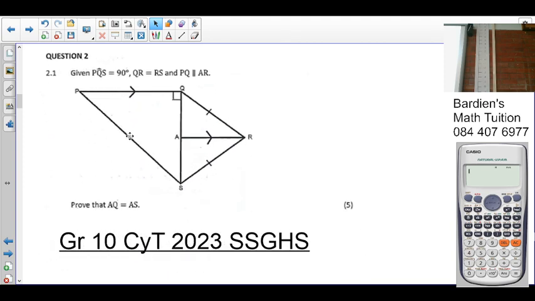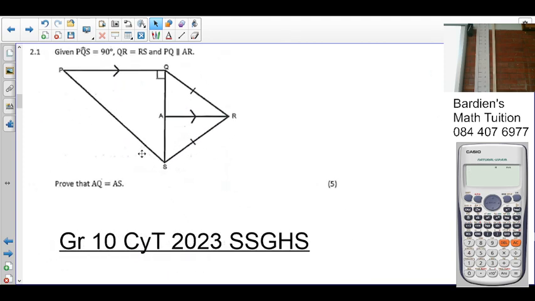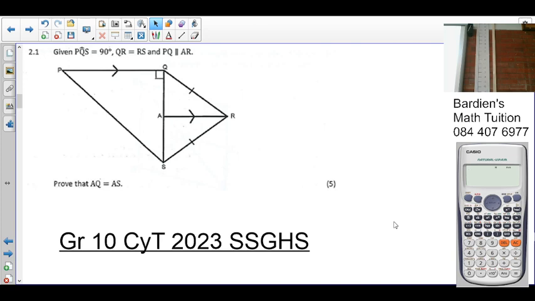Looking at question 2, 2.1. We are given that PQS is 90 degrees. QR is equal to SR. And we're told that PQ is parallel to AR.